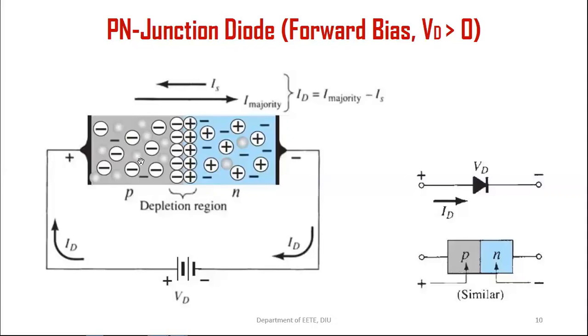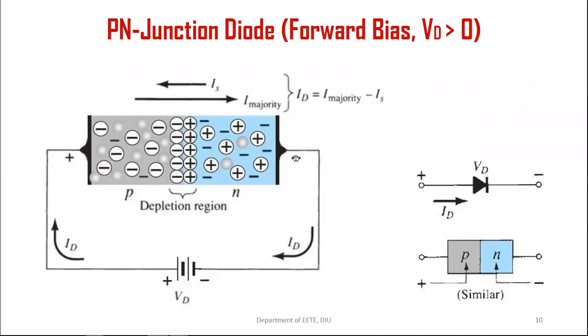The holes are also positive, so it will repel. This positive terminal of the voltage will give pressure to the hole because it will repel, so from this positive voltage pressure, the hole will move towards the right direction, from there to here.